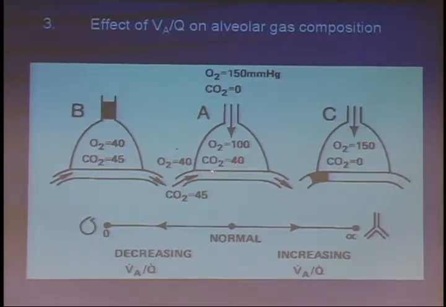It diffuses into the alveoli, raising the PCO2 from the 0 in room air up to about 40, and so the arterial blood leaving has a PCO2 of about 40. So there would be your normal situation where you have an optimum balance between airflow and blood flow.